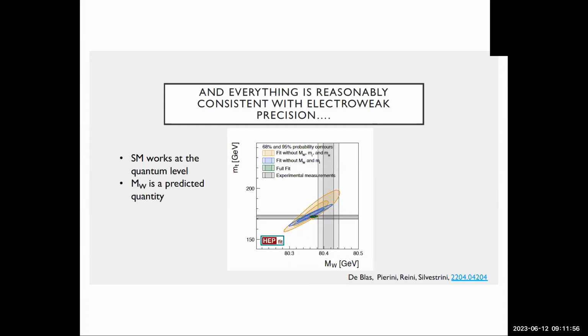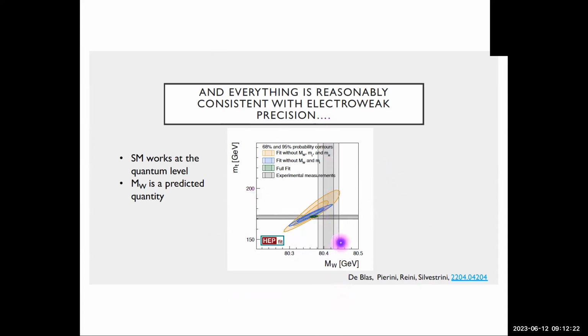So let's stare at this plot for a little bit. This is a plot from which you're supposed to get that not only does the standard model of particle physics work at the tree level, but it also works at the quantum level. So what does this show? This has the W mass on the x-axis and the top quark mass on the y-axis. These bands here are the measured values in the experiments.